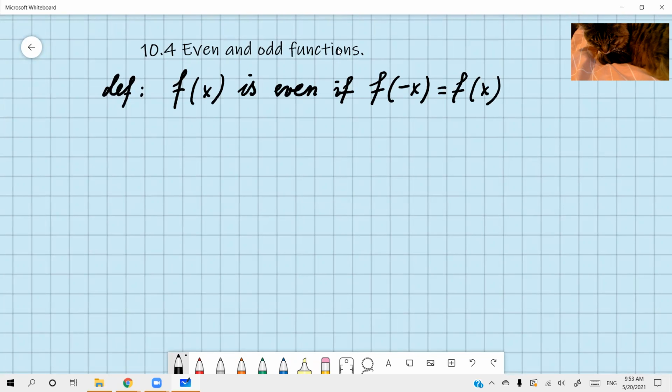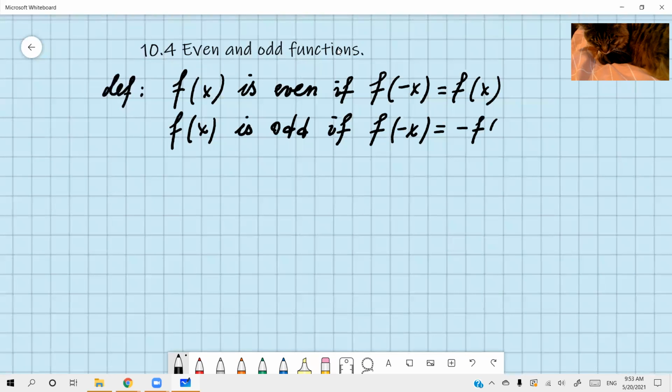So you change the sign of the argument, nothing changes. f of x is odd if f of negative x equals negative f of x. So you change the sign of the argument and the function changes sign.